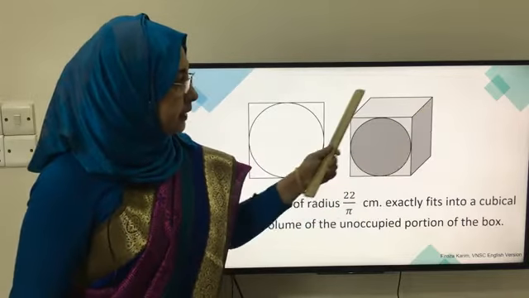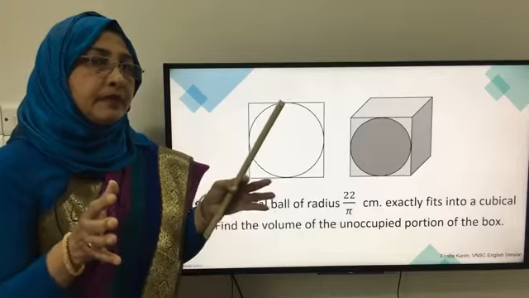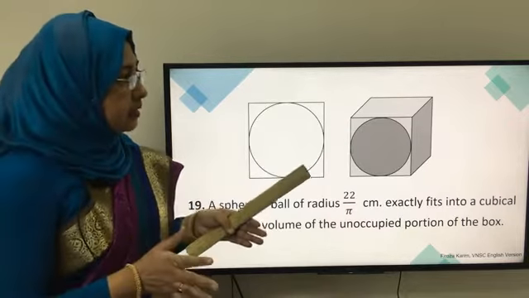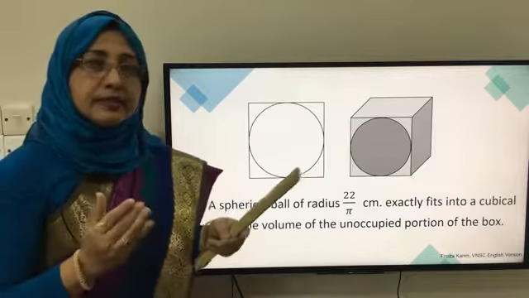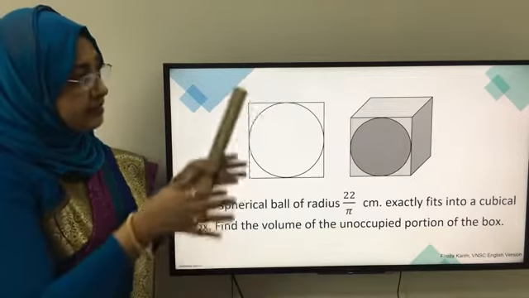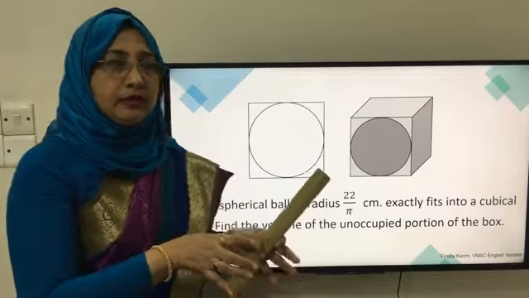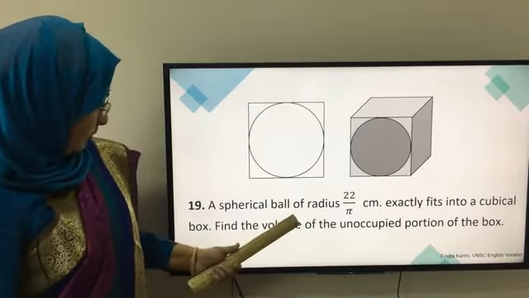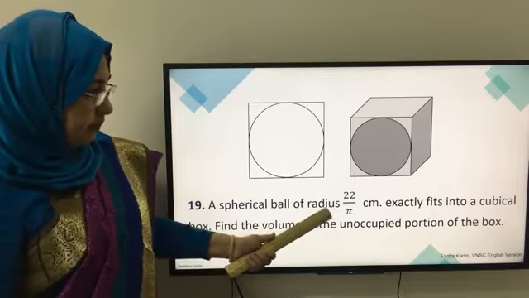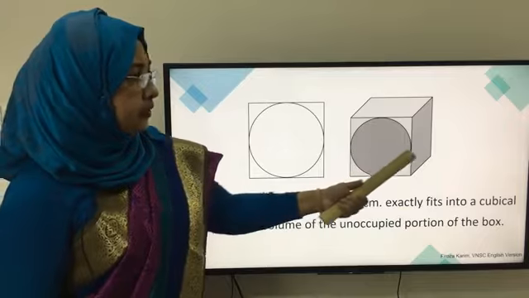This is a cubical box. Cubical box means the box in which all the dimensions, that is length, breadth and height, are equal. Inside this box we are keeping a spherical ball, and this ball exactly fits into the cubical box.